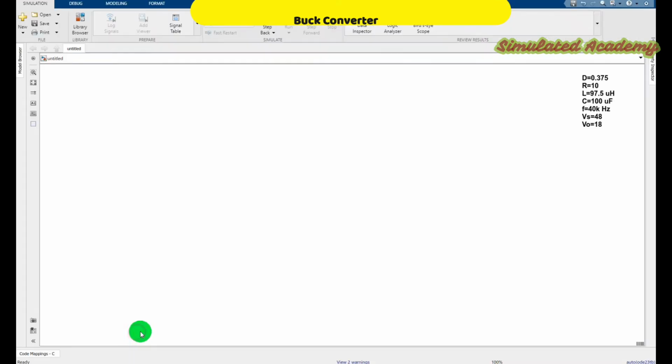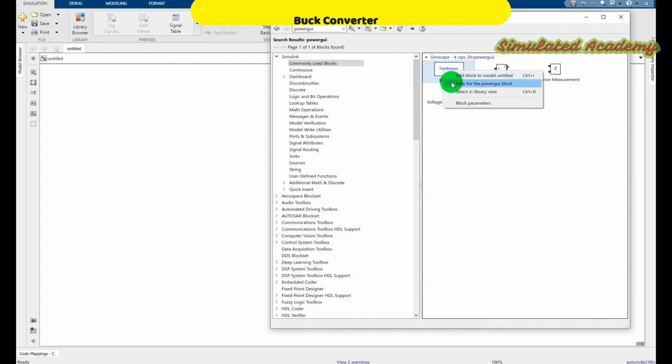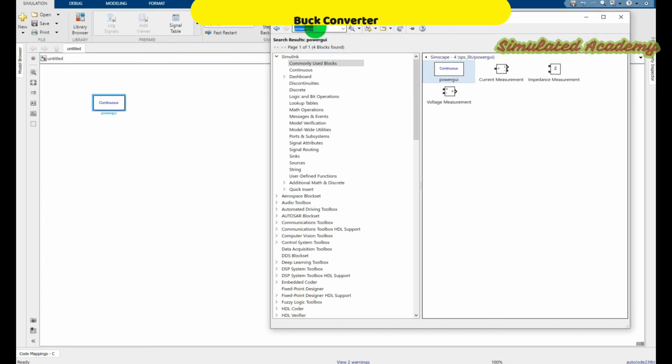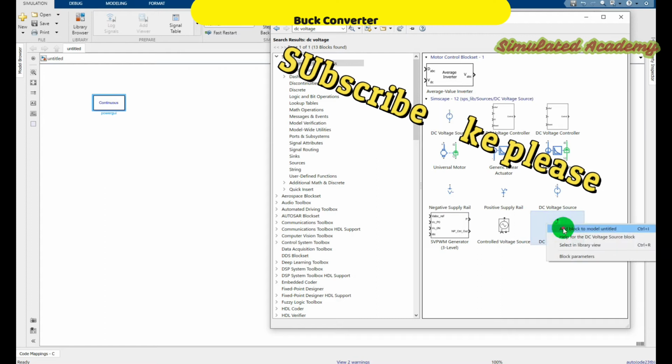Go to MATLAB Simulink and go to the library browser. First of all, pick Power GUI. Now let's place other components. I will need a DC voltage source.